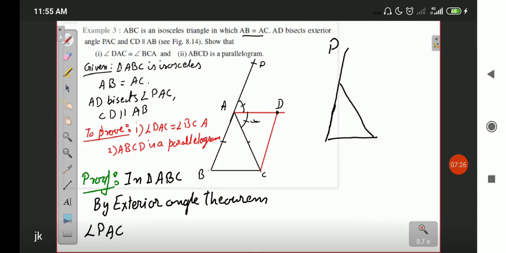This point is P, this point is A, this point is C, this point is B. I am talking about angle PAC. Opposite angles will be angle B and angle C, so it equals angle B plus angle C. Or we can name them fully: this will be angle ABC and another one will be angle BCA.